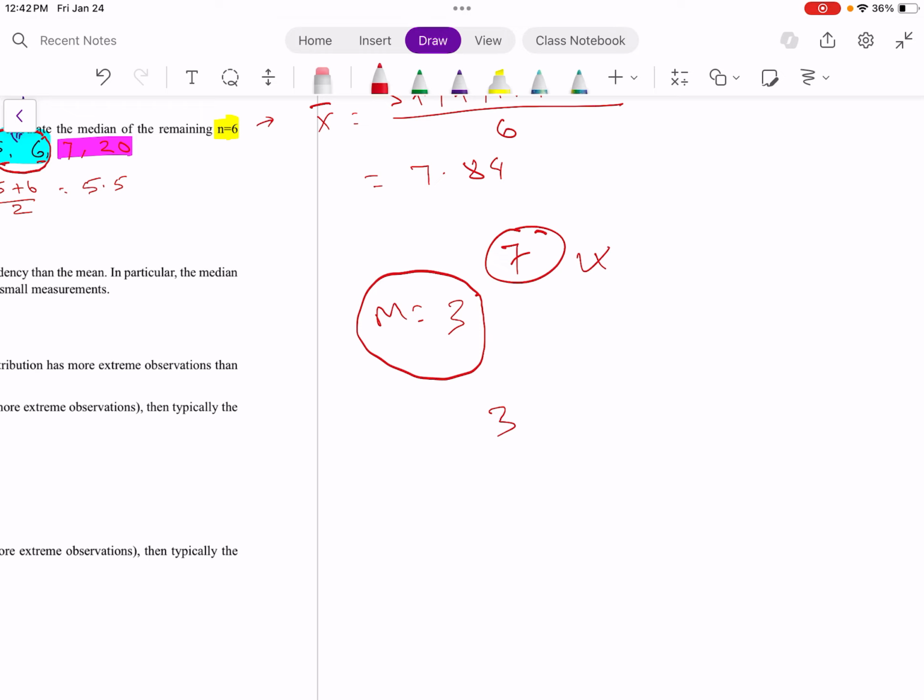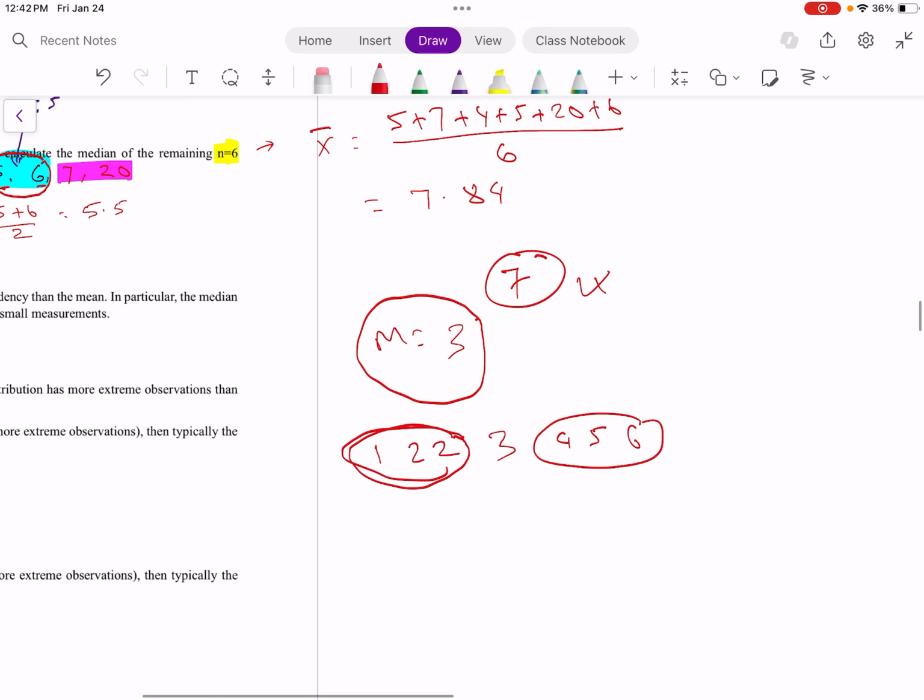We need 3 more measurements here, and 3 measurements here. So 3 have to be less than 3. Like 1, 2, 2, right? Or 4, 5, 6. So here our median also helps us to describe our data set.